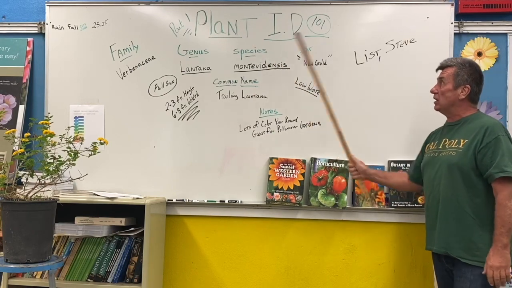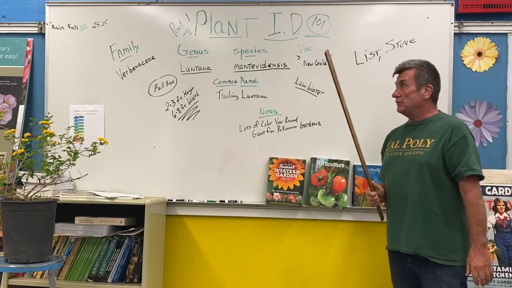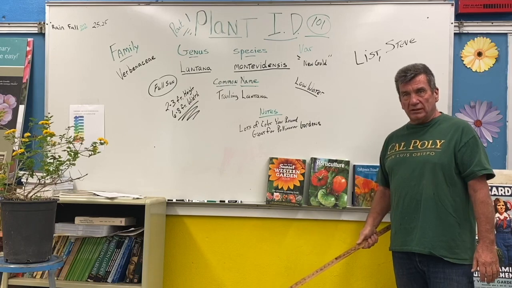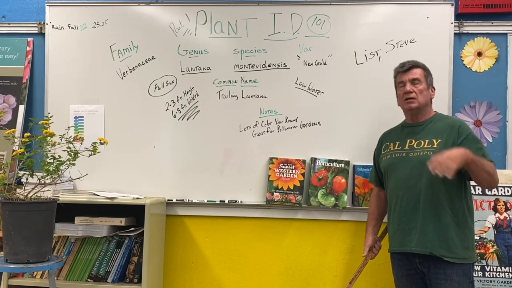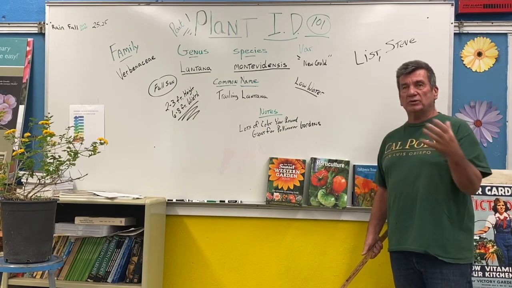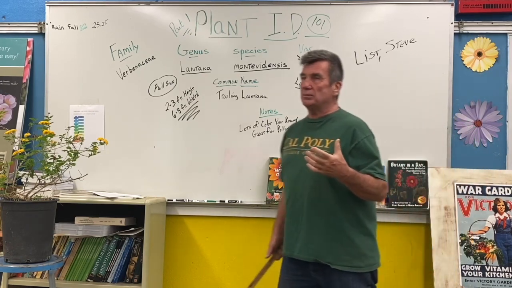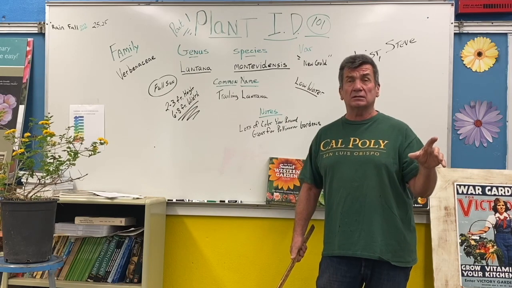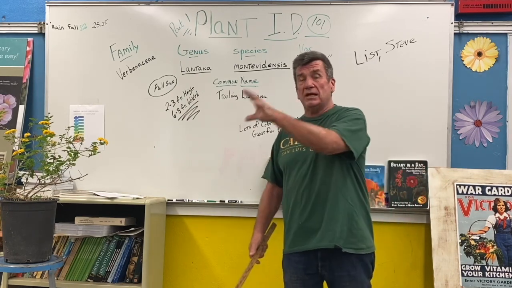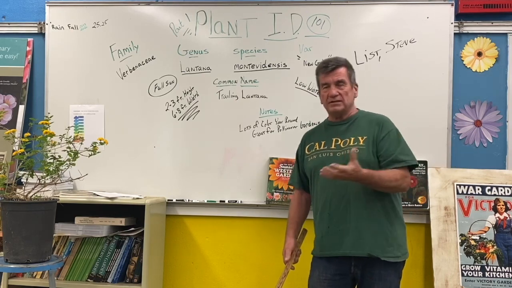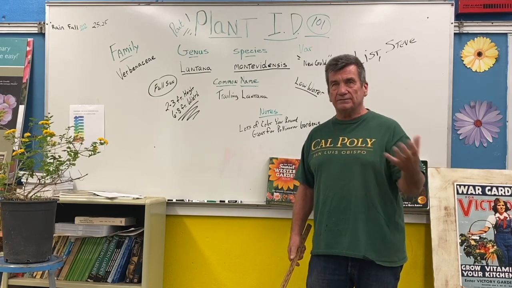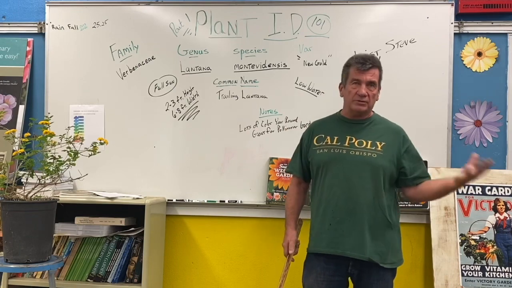So that being said, after you watch this video, I'm going to give you a list of 3 to 5 plants each week. I'm going to give you the botanical names, and I want you to find the common names. The reason I want you to do that is that you'll research it, and I think you can come up with some cool answers and understand the plant a little bit better. If I give you the common name and try to look up the botanical name, you're going to have difficulty, because remember, common names differ from city to city, from town to town, from country to country.